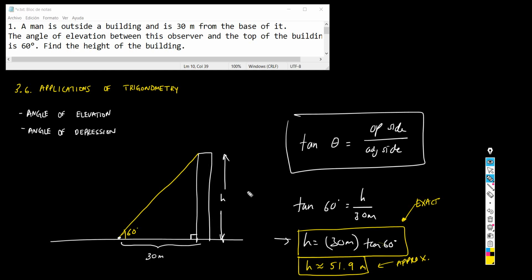You just displace yourself, for example, a little bit from the base of the building in this direction, and then look at the top of the building, measuring this angle with some device. It could or could not be that easy. I'm not saying that this is very simple. You can do that, and then you can get the height.